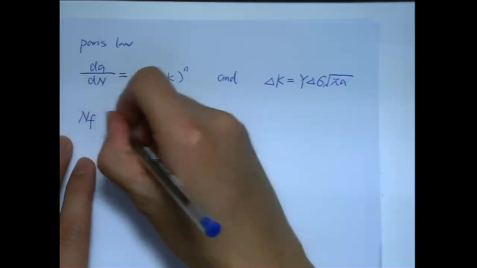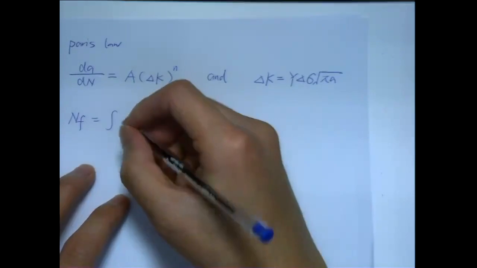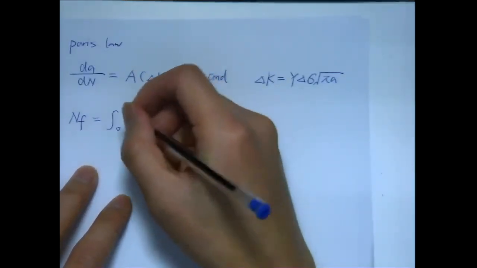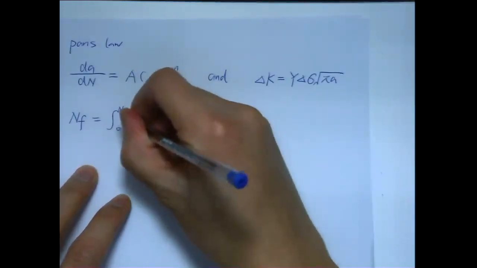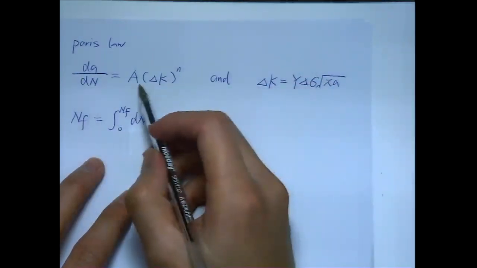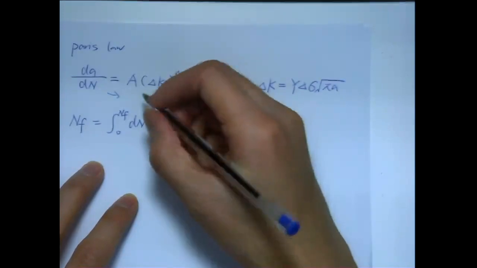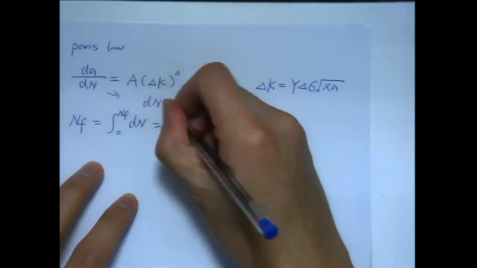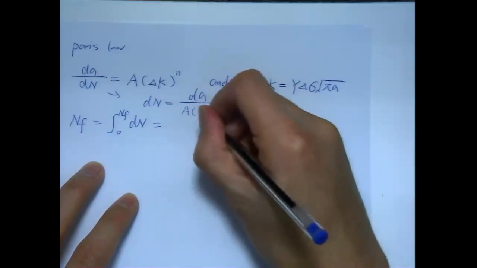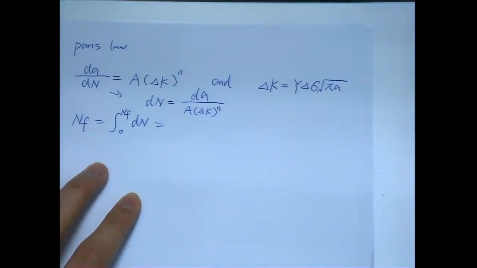We basically need to get the fatigue life by integrating the equation from N to NF dN. But this can be converted. If you look at this equation, this can be rewritten as dN equal to dA over A times delta K with a power index, right?